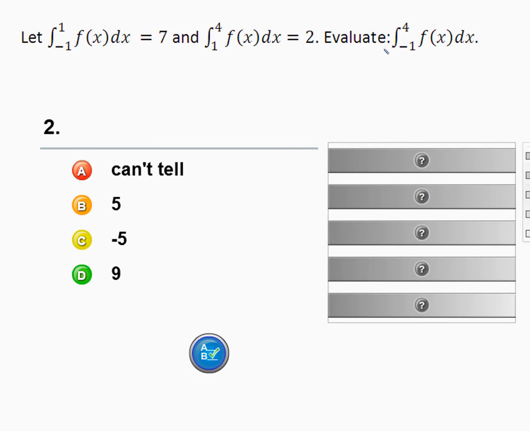Well, as we think about our other properties, we had a property where going from a to b, and then b to c, is really the same thing as a to c. So if you add those together, 7 plus 2 is equal to 9, and so our answer here would be D.